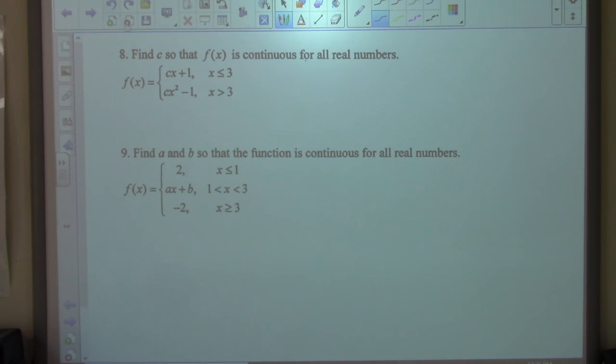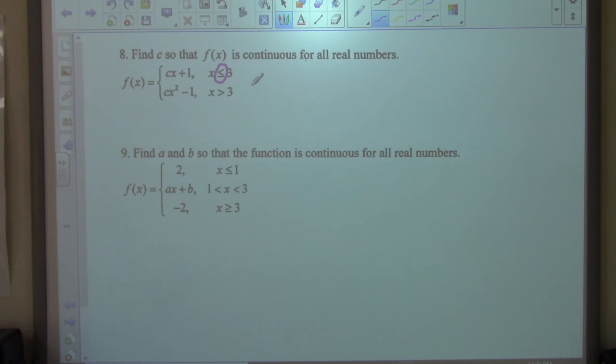Okay, now, this one right here, how do you find c so that f of x is continuous for all real numbers? Plug in x for the 3. Then you have to figure out what you can put for c. What you know is that the limit has to exist, so go right to condition 2, which is find the limit.